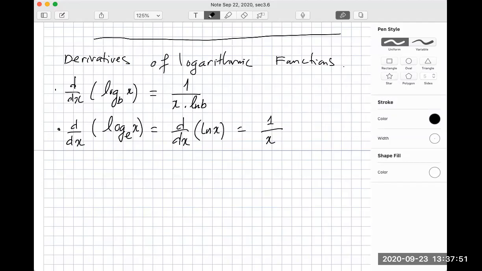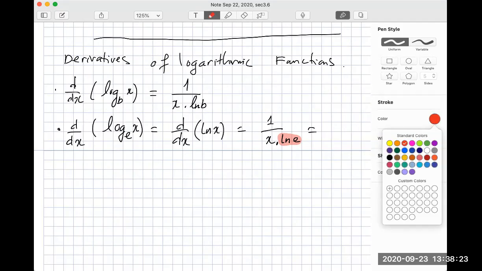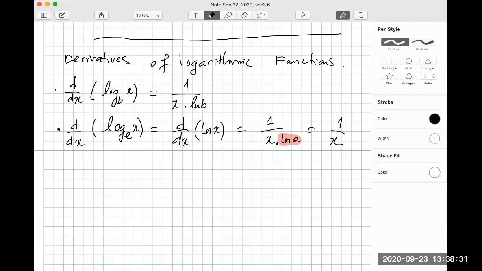And Carson, thank you. Okay, so from this, it is natural log of e, and natural log of e means we ask ourselves which number should we raise e to, so natural log of e is simply 1, okay? So think about it. Therefore, we have 1 over x. Okay.